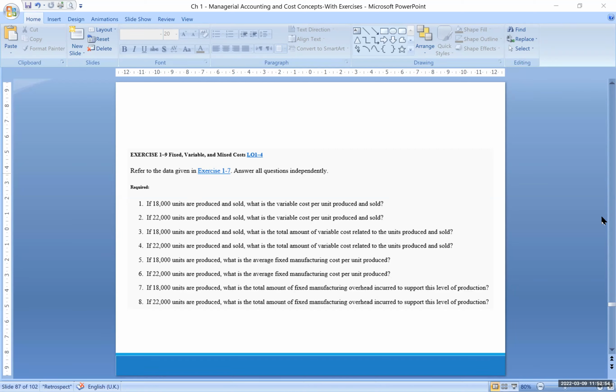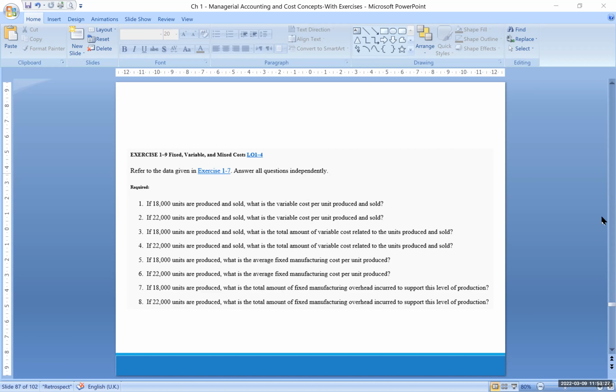So the variable cost includes direct material, direct labor, variable manufacturing overhead, variable selling and administrative. If you like, variable selling and variable administrative, because it is given in the question individually.